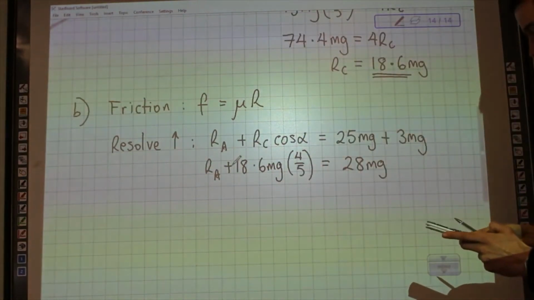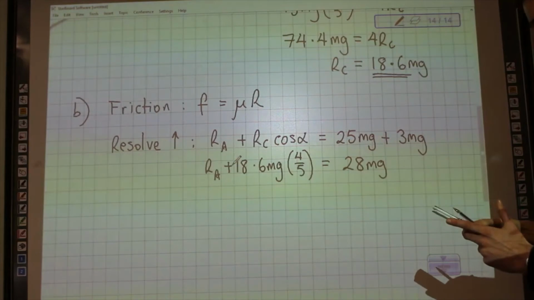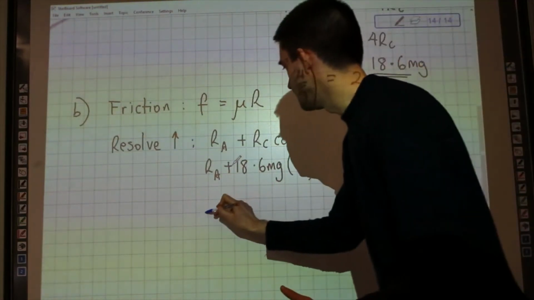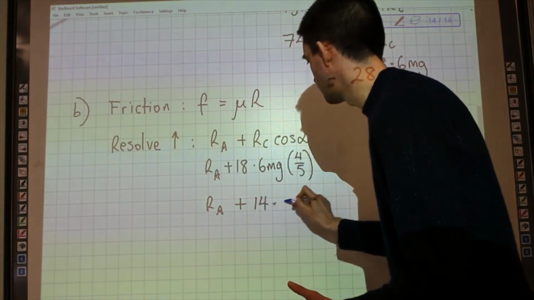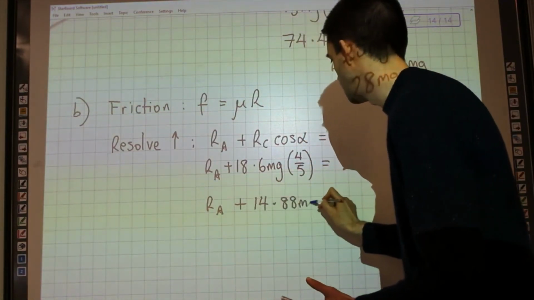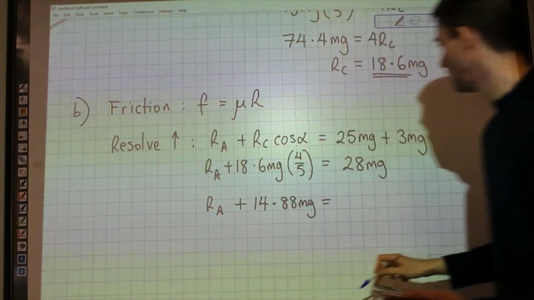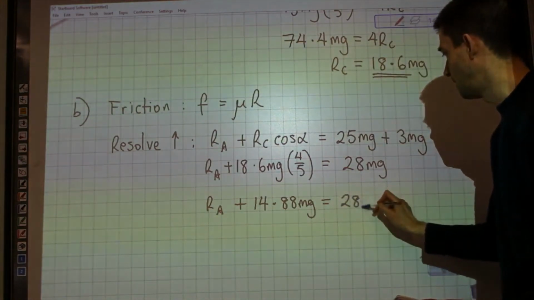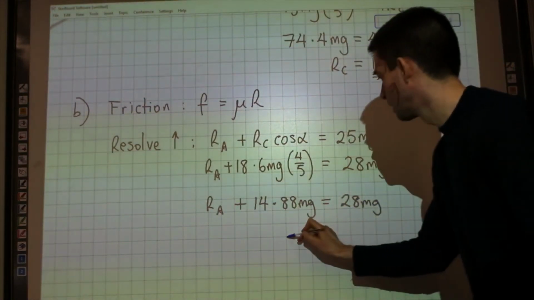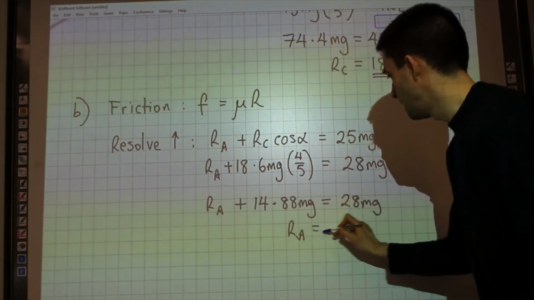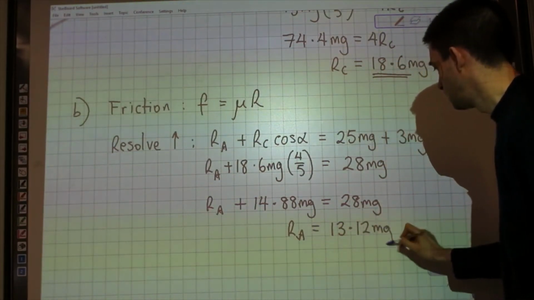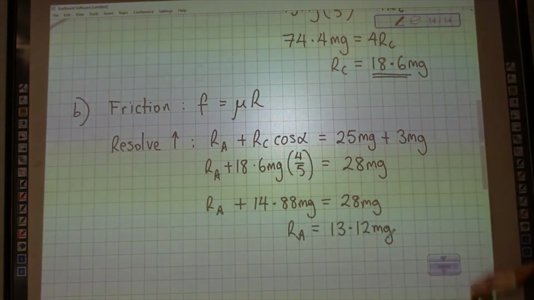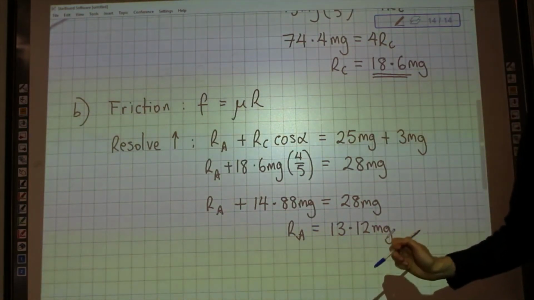Right, so 4/5 of 18.6 is 14.88. So I've got RA plus 14.88 mg equals 28 mg. Therefore RA is 13.12 mg. So I have my reaction at A.